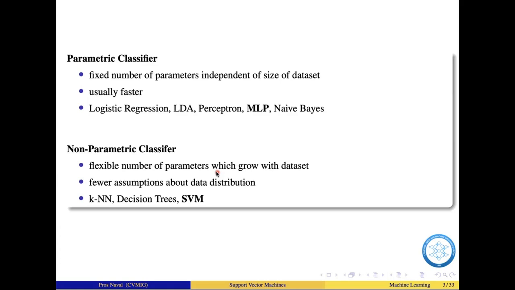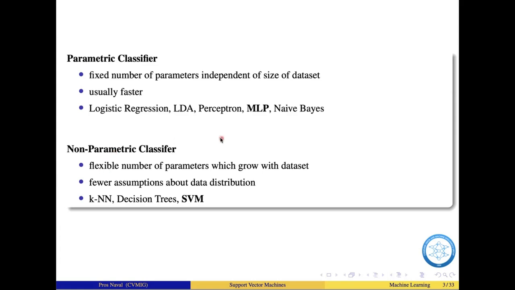However, the advantage of the non-parametric classifier is that it has fewer assumptions regarding the nature of your data. So while here, in the case of the parametric classifier, you have the assumptions like say Gaussianity and the like, depending of course on the classifier.